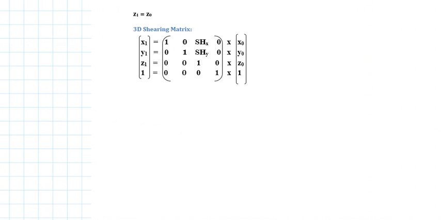Now if you want to convert the set of equations into homogeneous system, you have to append the homogeneous 1 equals to 1, and this is going to be your equation in matrix format. So this is your shearing transformation matrix along z-axis.